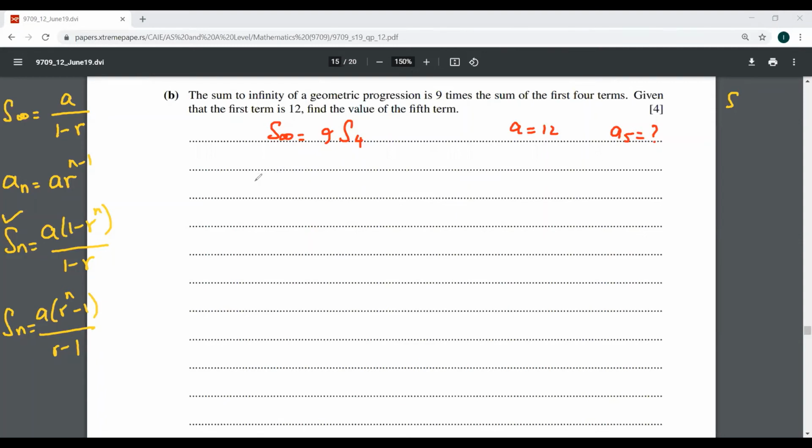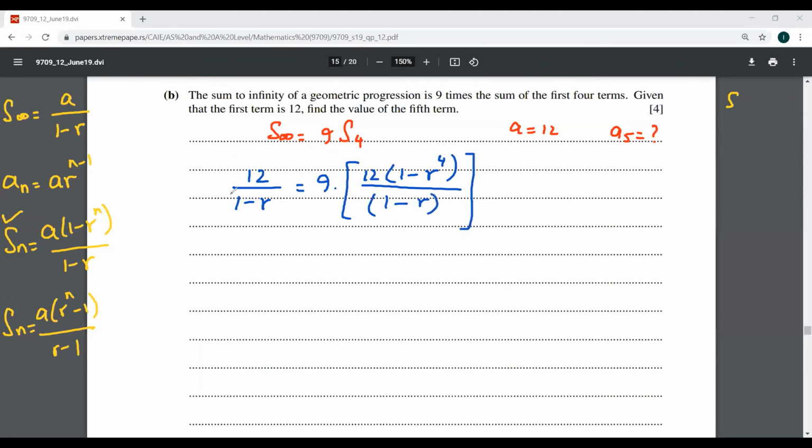Sum to infinity. So this is going to be 12 over 1 minus r, that is 9 times, okay, this is 12 into 1 minus r raised to power 4 over 1 minus r. Yes? Okay.